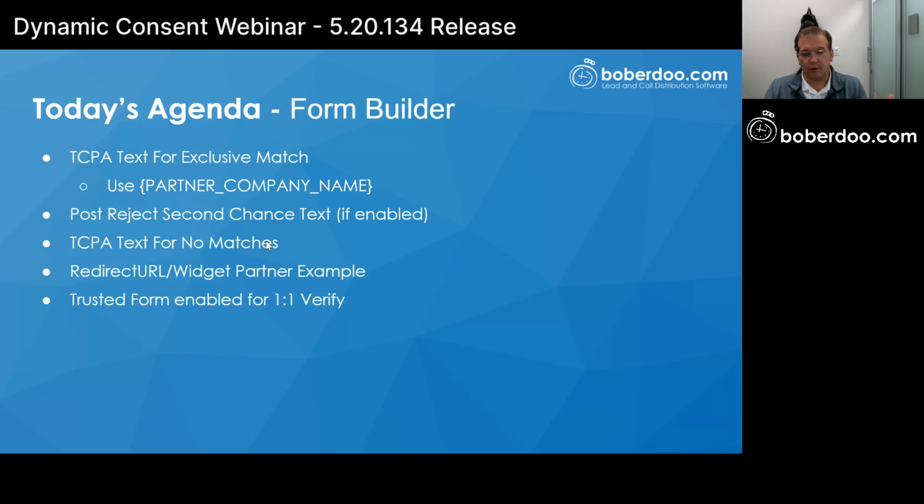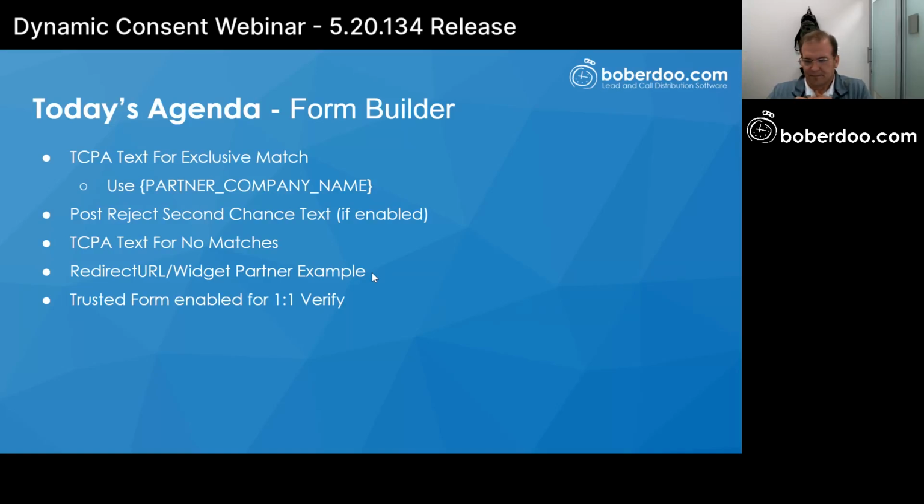And if you do, what is the TCPA text that you are going to have that consumer agree to? Is that some text to the landing page, to your company? That's something that you should consider having your legal team review. And then the redirect widget example.